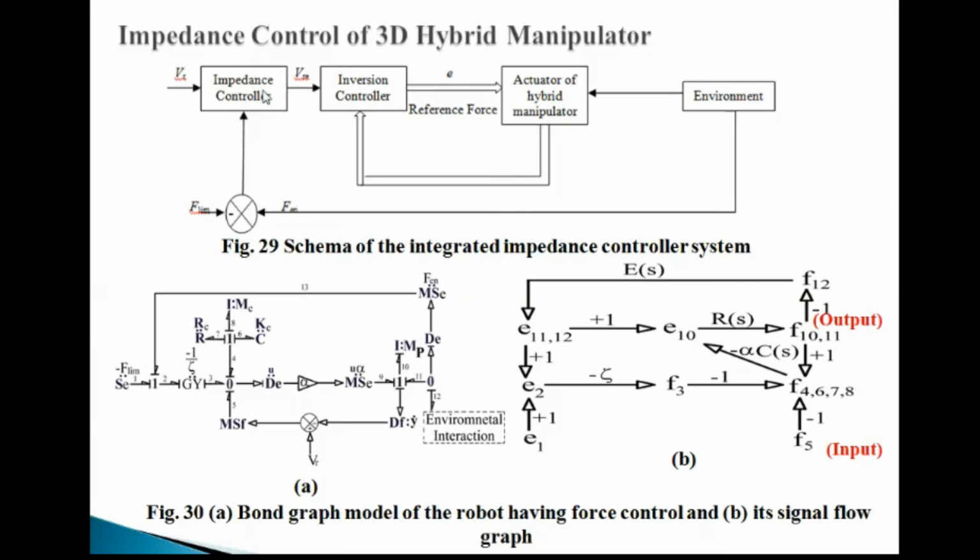So the error between the limiting force and the interactive force is given to the impedance controller, and the reference velocity is revised as VRE, which is given to the inversion controller, or I can say overwhelming controller. This overwhelming controller I have already explained. Now along with this overwhelming controller, a proportional controller can also be used to do force control.